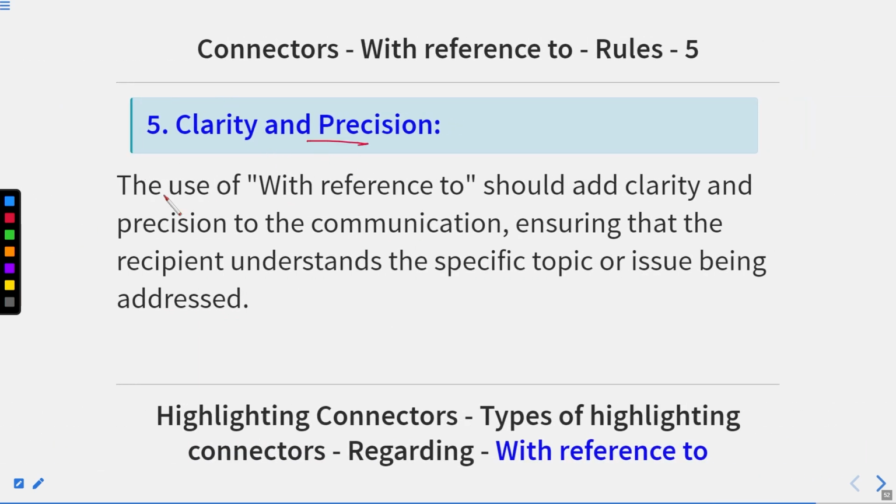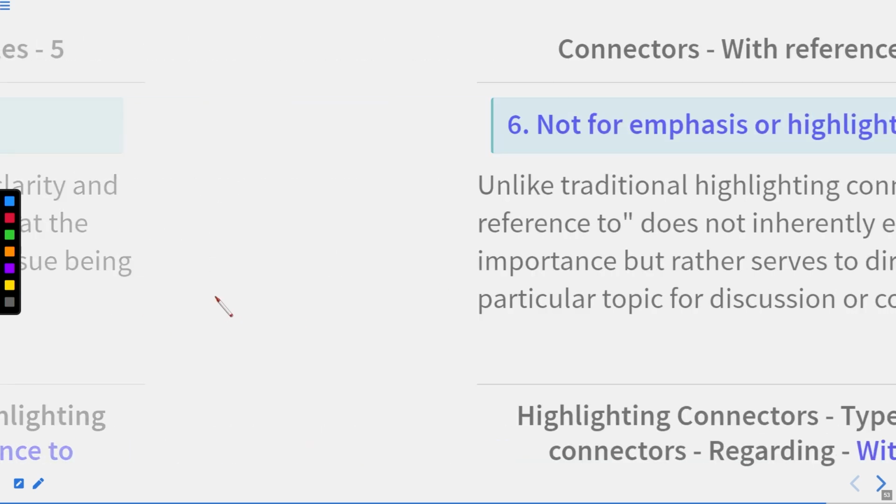Clarity and precision. The use of "with reference to" should add clarity and precision to the communication. Precision means the brief description of something, ensuring that the recipient understands the specific topic or issue being addressed.